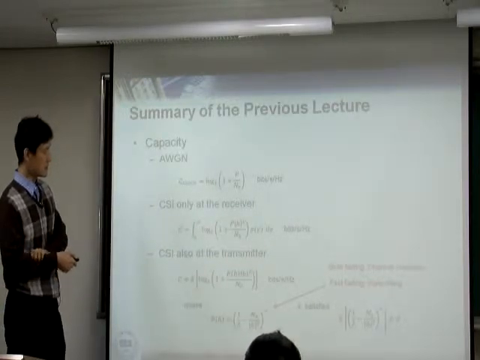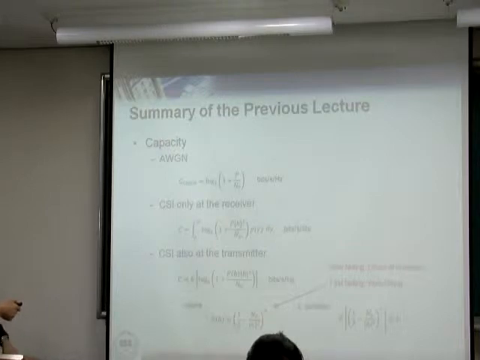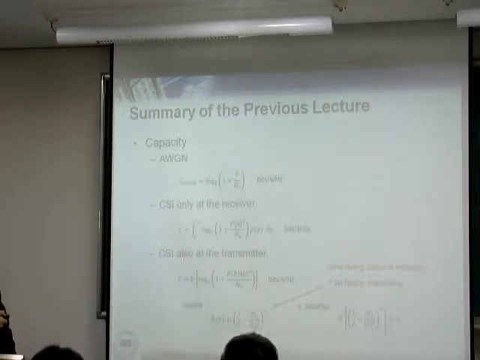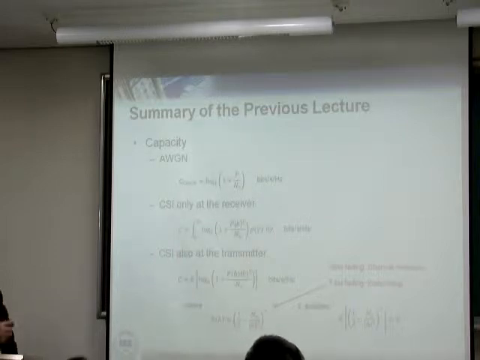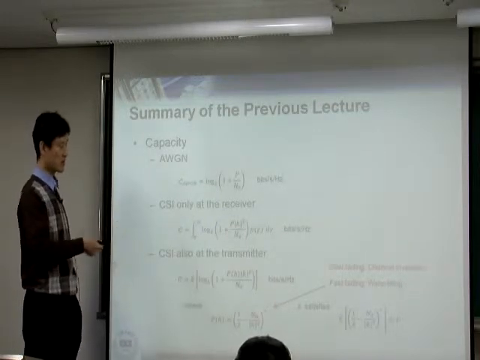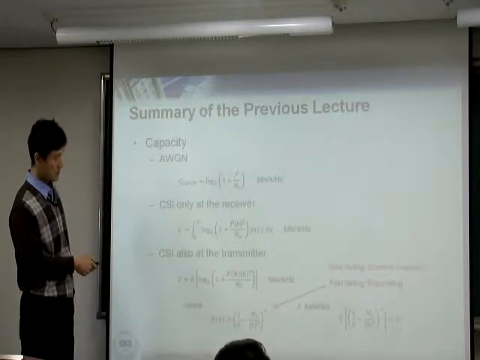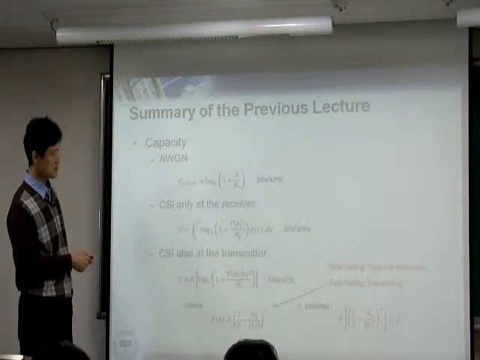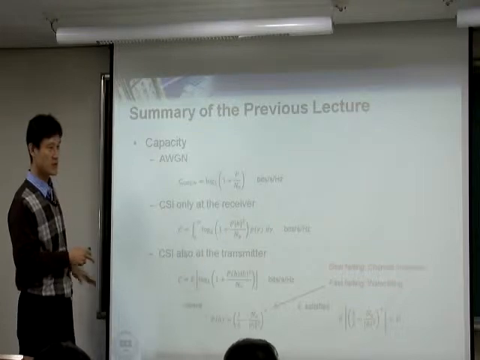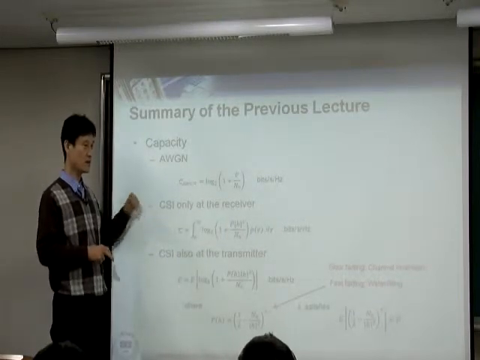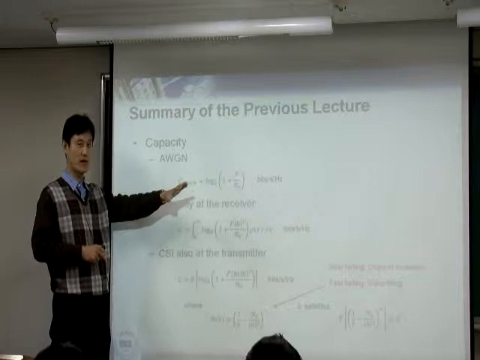This case and this case, as you see here, the difference is that in this case the CSI, the channel state information, is only available at the receiver. And this case is where the channel state information is also available at the transmitter. These two make a big difference. Some of this we're going to cover today, but as you can see here, the difference comes from the P. In this case, P is a constant because P is the transmit power and the transmitter has no idea about CSI, so it just transmits the same power all the time.